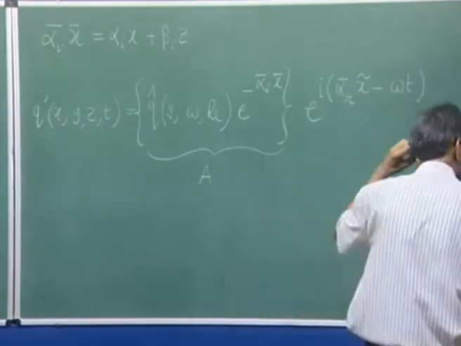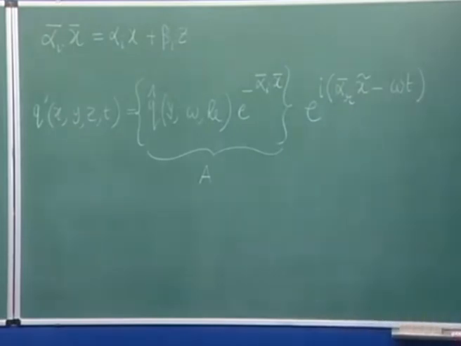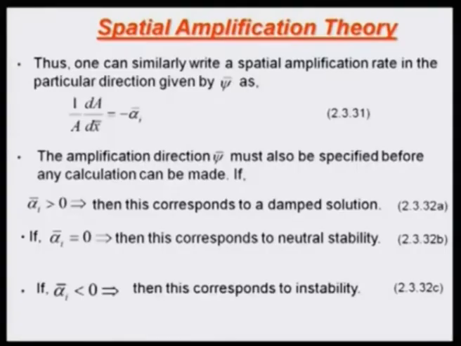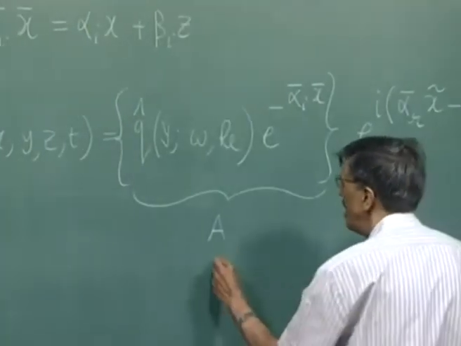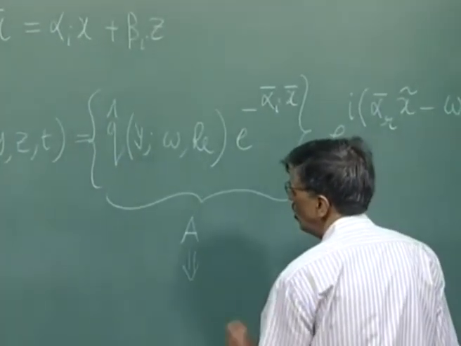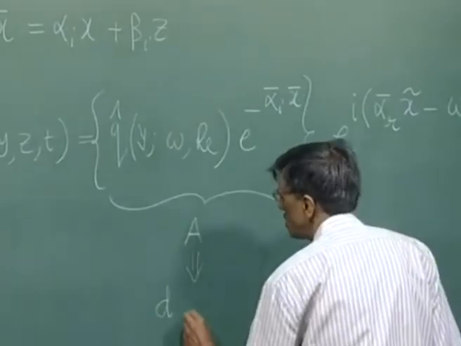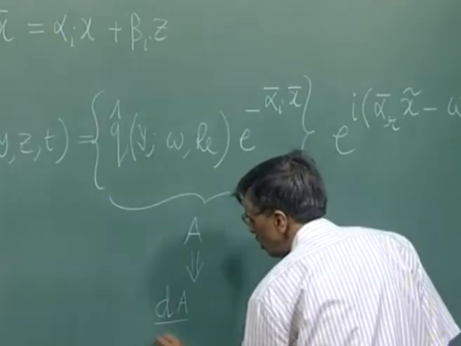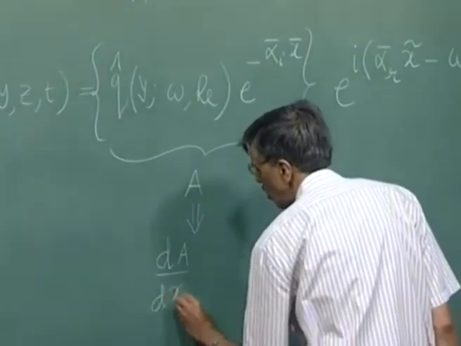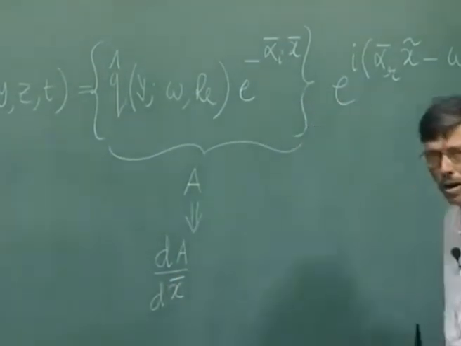So, we have gotten an amplitude which gives us this kind of dependence. From here I could differentiate this amplitude with respect to x bar.